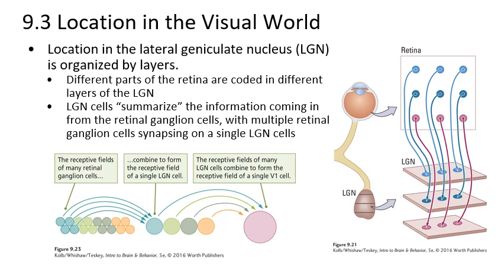Many retinal ganglion cells might synapse on a single LGN cell, and it summarizes all that information. And this happens again in a single cell in the primary visual cortex. Many LGN cells synapse and summarize their information onto a single cell in the visual cortex.